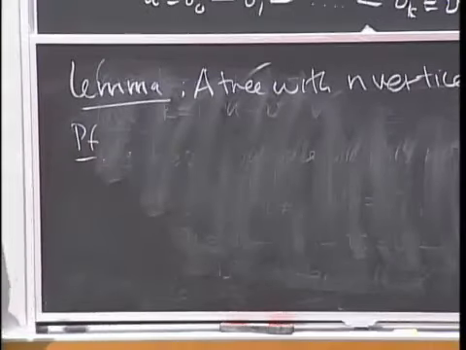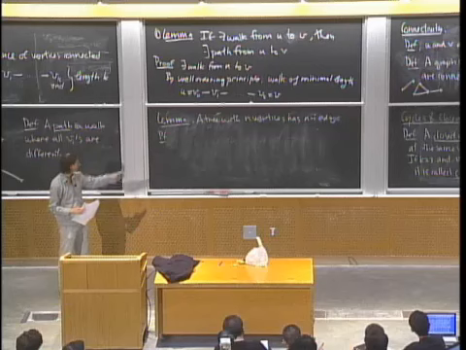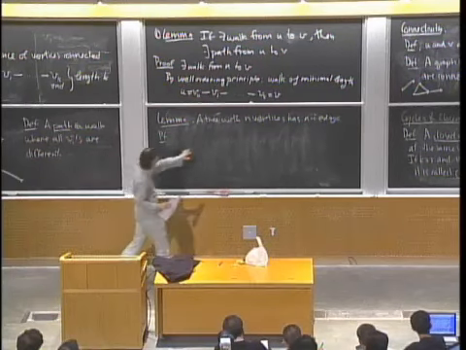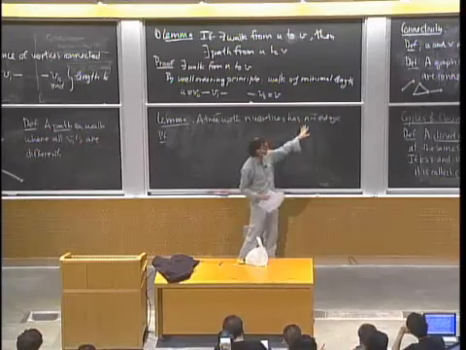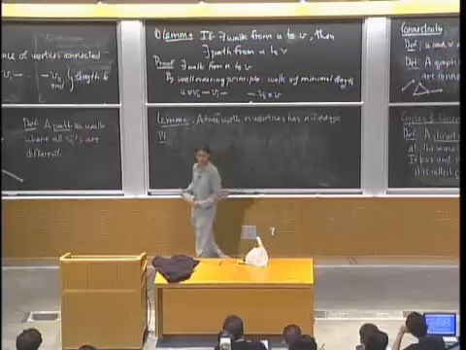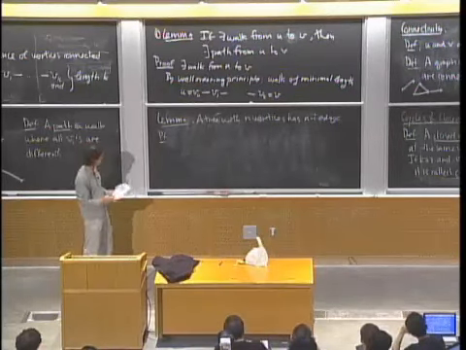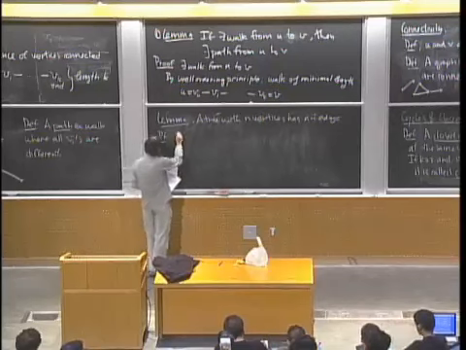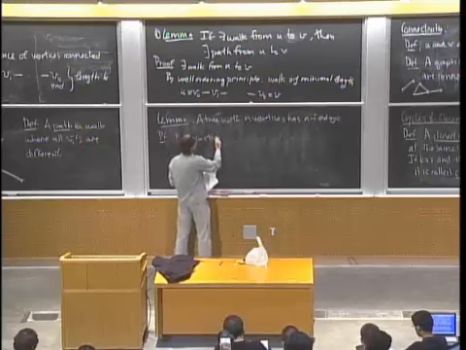Any suggestions? What did we use at the beginning of the course here? We have n vertices, and we want to show that it has n minus 1 edges. We can use induction, right? So let's use induction on n.